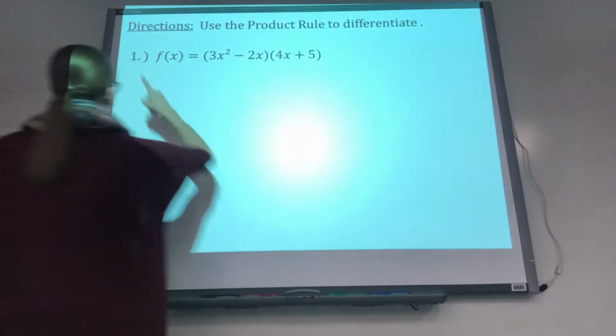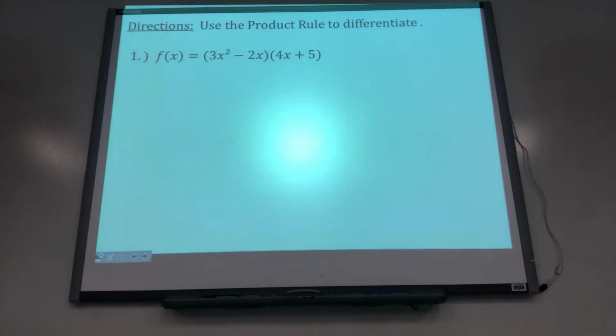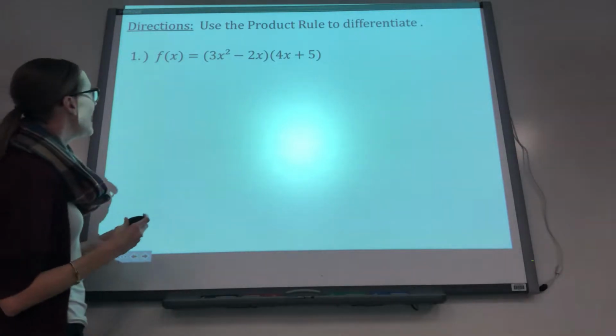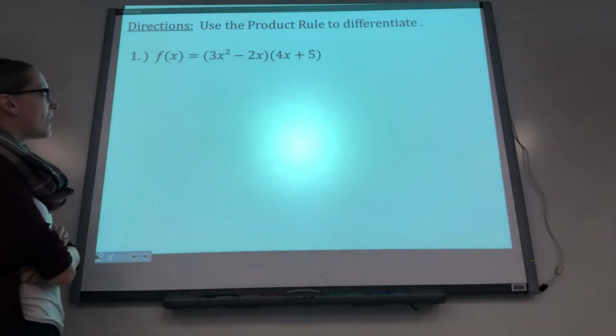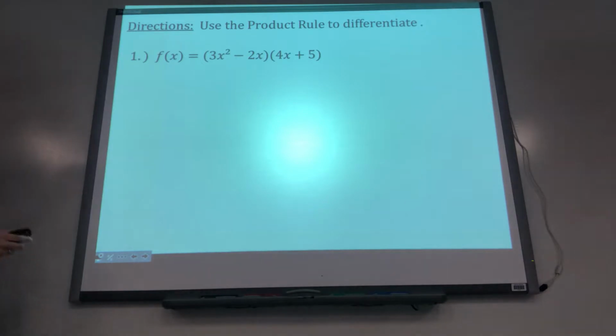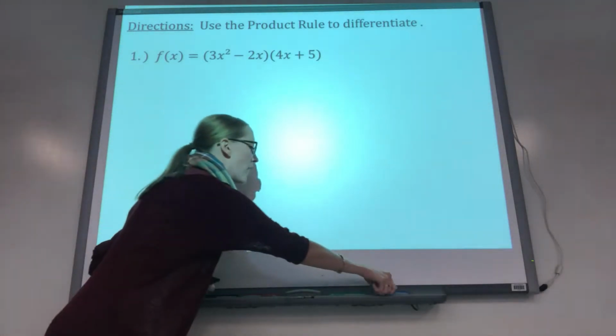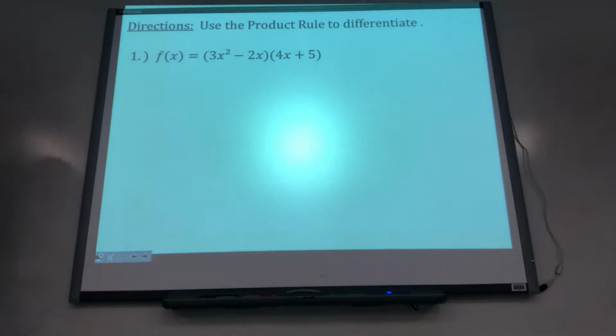Okay, so let's take a look at example 1. f of x equals 3x squared minus 2x times 4x plus 5. We're supposed to use the product rule to differentiate.